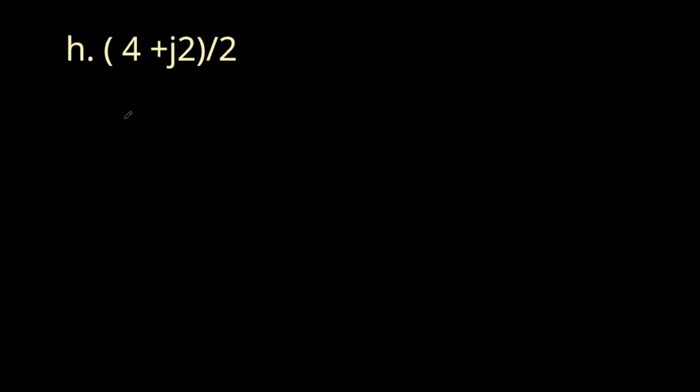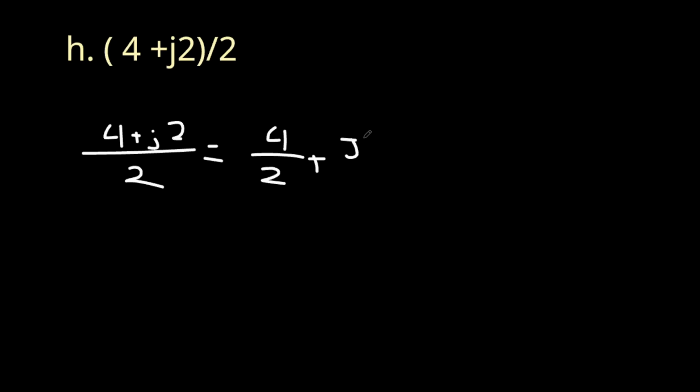Now for question H, what we have here is we have 4 plus j2 divided by 2. And this is the same as 4 over 2 plus j2 over 2. And what we do is we can cancel these out.